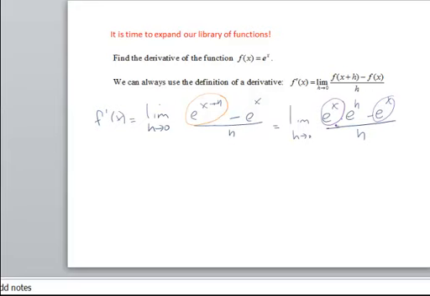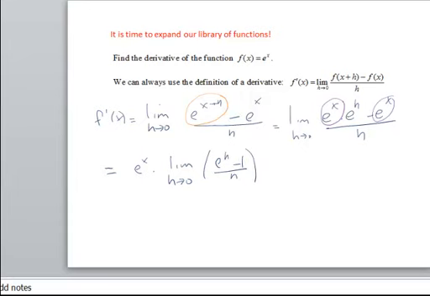The other thing I'm able to do is, because I'm looking at the limit as h approaches 0, e to the x isn't affected by h, so I can factor it out and bring it in front of my limit. So now what I have is e to the x times the limit as h approaches 0 of e to the h minus 1 all over h.